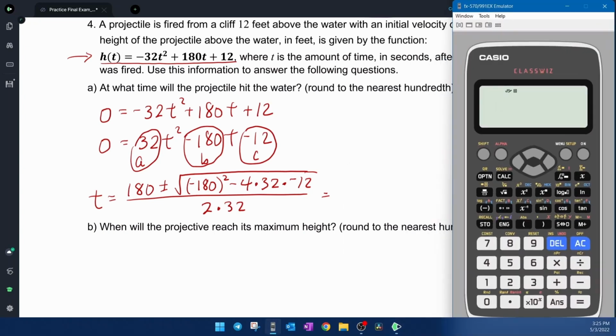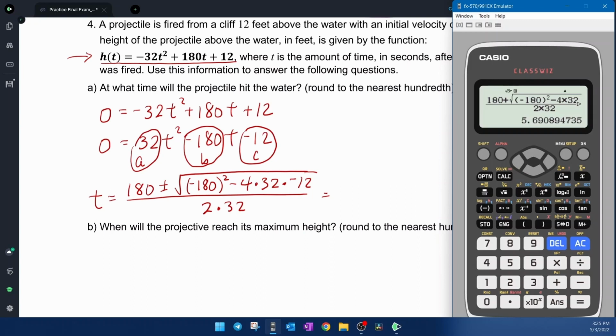Here we go. In the ClassWiz, as a fraction, we're going to have 180. I'm going to do the positive first, plus the square root of -180 squared minus 4 times 32 times -12, all over 2 times 32, and that's going to give me an answer of 5.69.